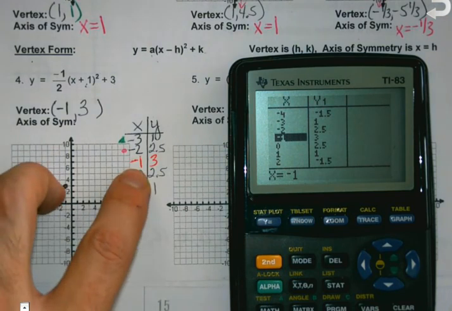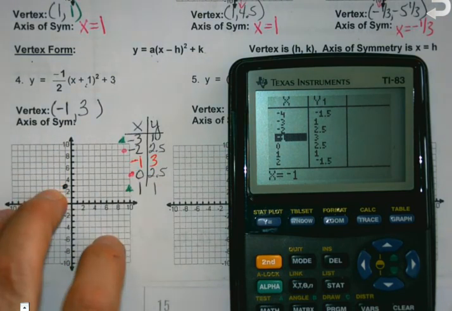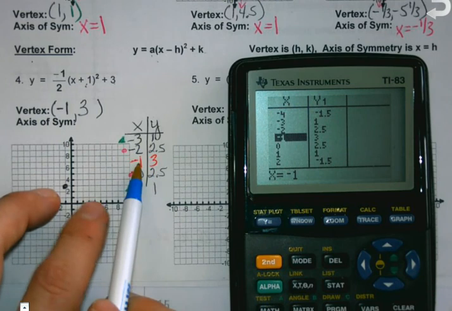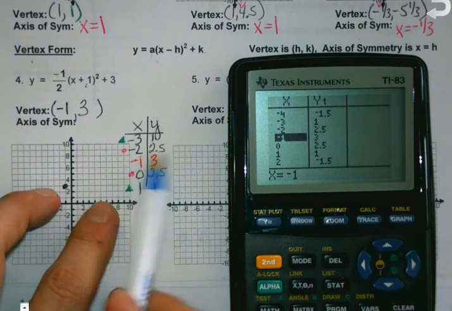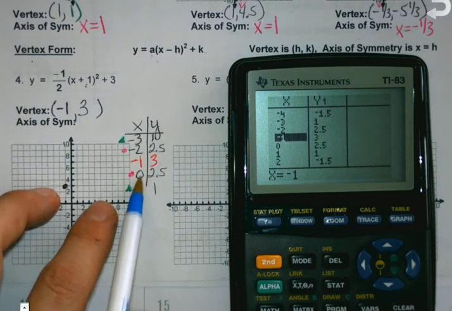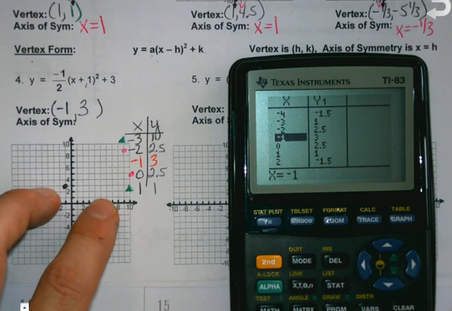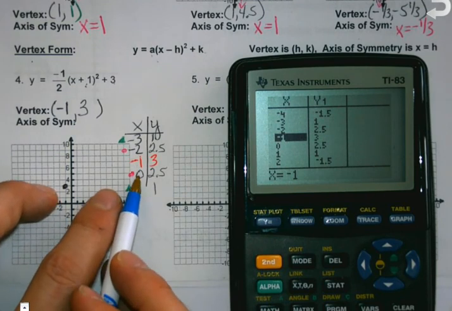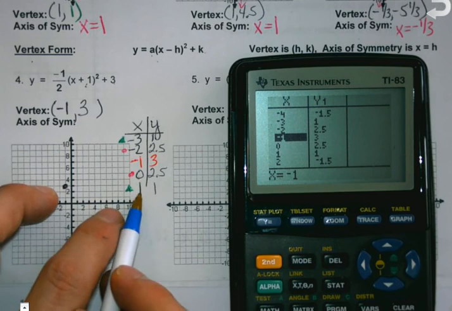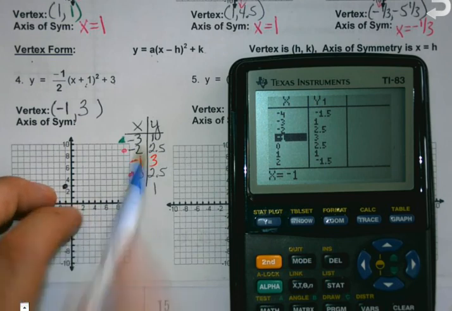Well, we want negative 1 always going to be in the middle. I always want two numbers that are less, so one less than negative 1 is negative 2, and then another one less, and then ones greater. I want to see the symmetry. So if you just start in the middle, add 1, put that x value down, add 1, put that one down, and then the same the other way.